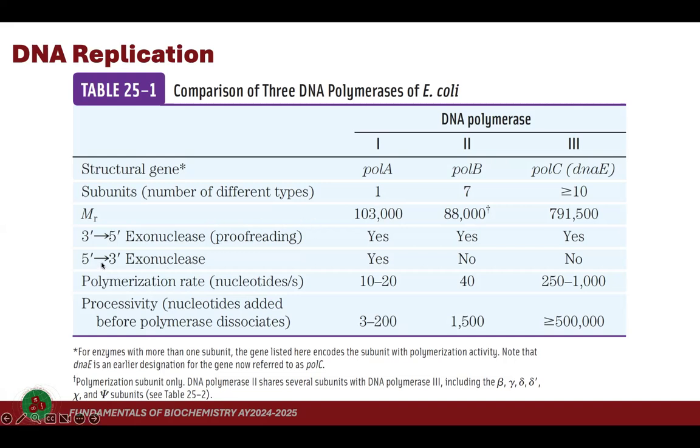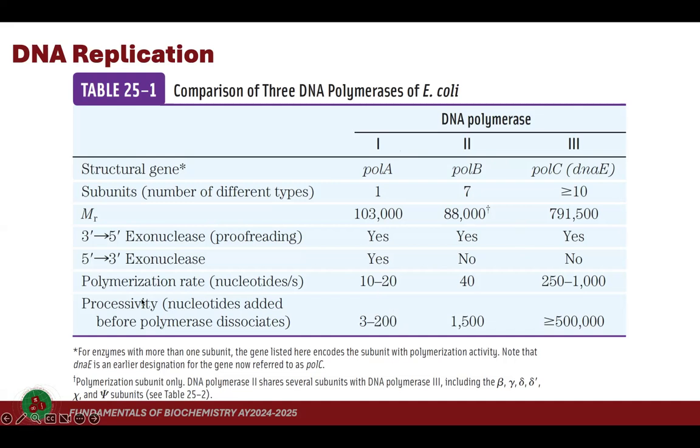On the other hand, 5' to 3' exonuclease activity means the enzyme can remove the nucleotide in the 5' end. Okay? All of the DNA polymerases listed here can remove the terminal nucleotide at the 3' end, but only DNA polymerase 1 can remove the nucleotide at the 5' end. So polymerase 1, its most important function is correction. Okay?